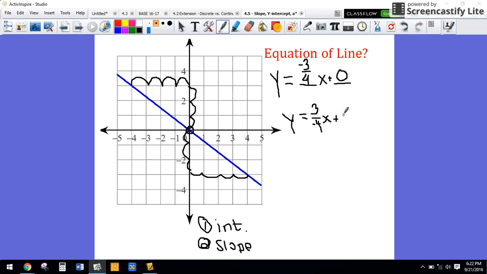They are the same thing. Now, the plus 0 is not necessary because you're adding 0 to anything, so we can get rid of the plus zero and say that our equation is y equals -3/4 x.